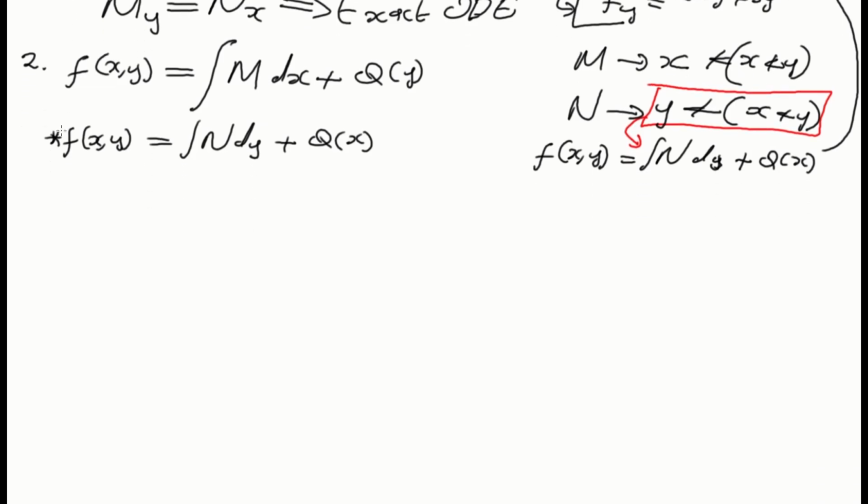Let us say you opted to integrate M. Then we have a q of y as your constant. So how do you get this q of y? It's simple. There is a longer form to this, but I'll just give you the shorter form. I think we did discuss the long form in class.